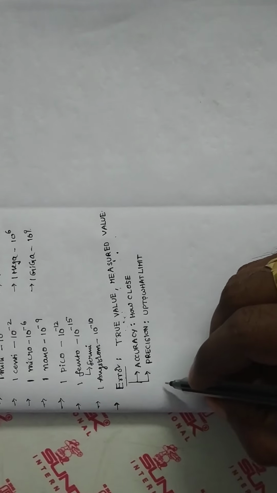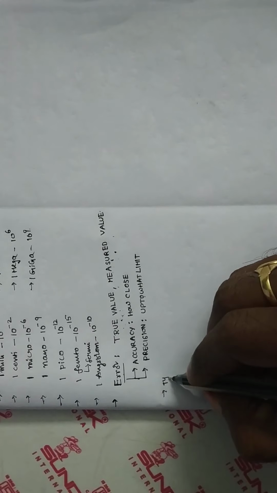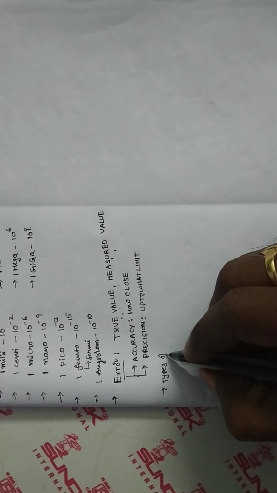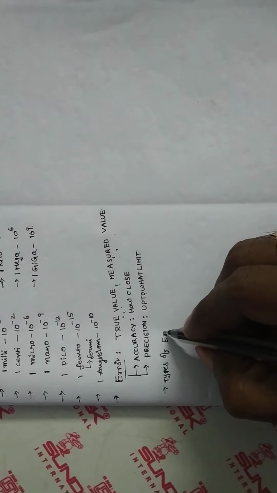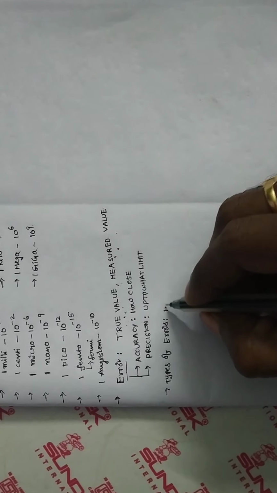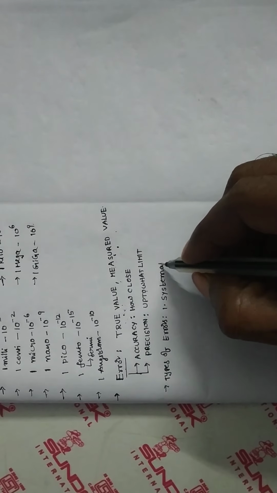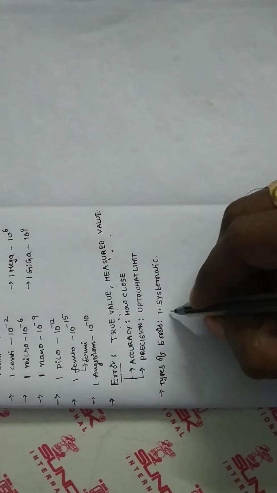Okay. Now I am going to explain the types of errors. So the first one is systematic error.